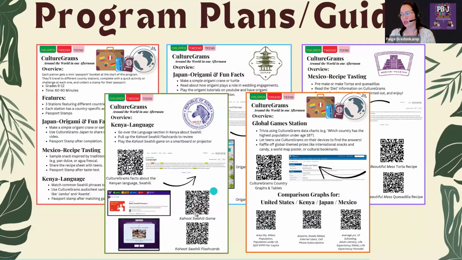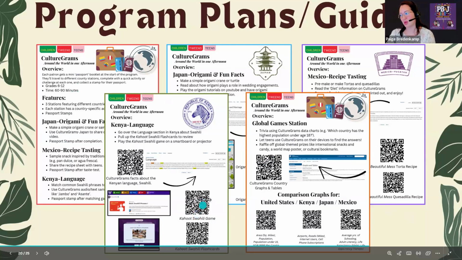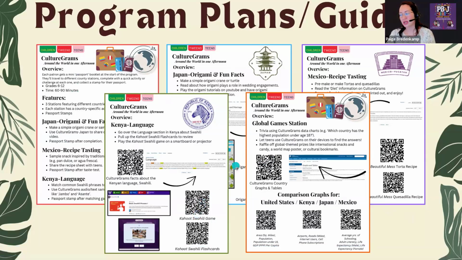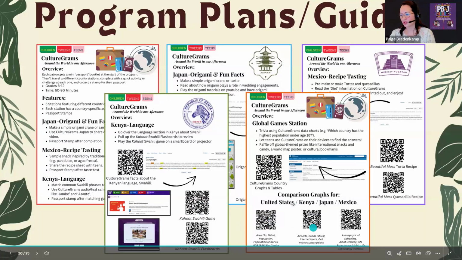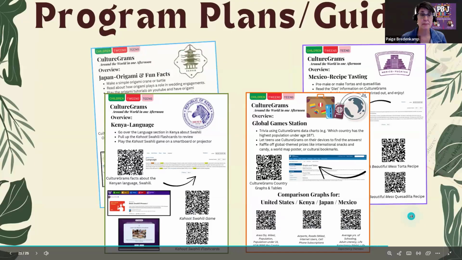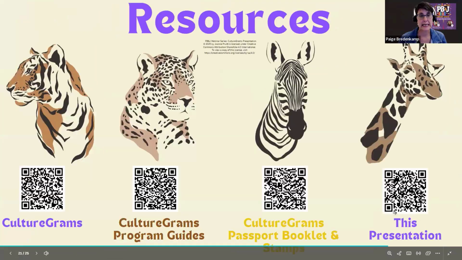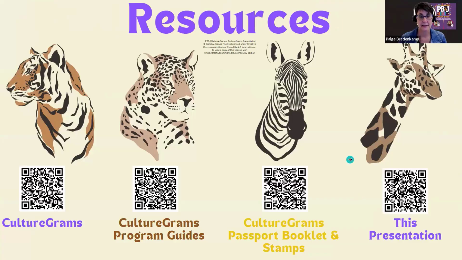And this has all of the QR codes for everything I mentioned, like the origami printouts that you'll need, the different recipe cards that you can print out, and the comparison guides that you can use for trivia as well as the Kahoot. And remember, to access Culturegrams, you will need your library card and pen.